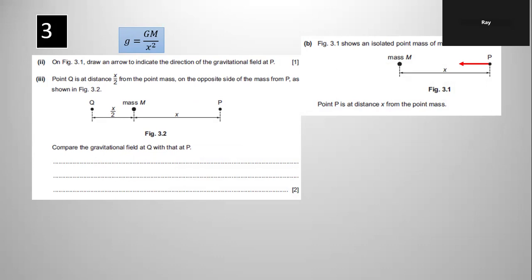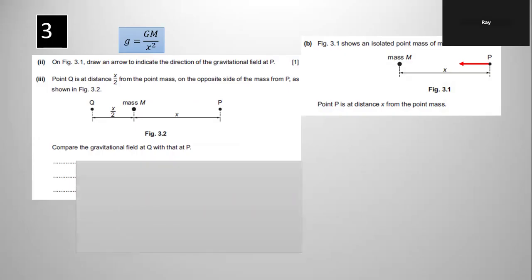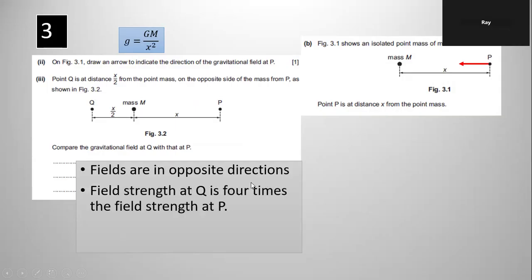Field strength at Q is higher than field strength at P. Give the magnitude. Must I state the value? Must I state how many times? Yeah, you have to say every time because it's very clear, you can calculate. You are in opposite direction, that's your first mark. Field strength at Q is 4 times the field strength at P. Right? This is half of that. Because of the square, it becomes 4 times.